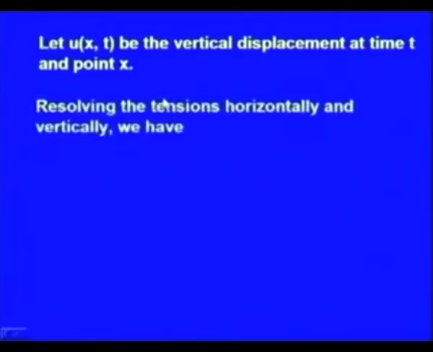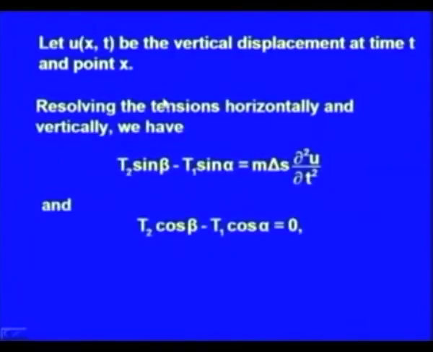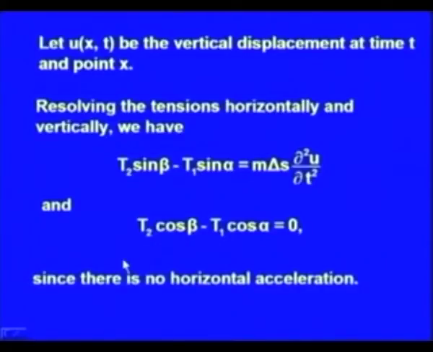So, we shall have the equations of motion as follows. If u(x,t) denotes the vertical displacement at time t and at a distance x, then after resolving the tensions horizontally and vertically, we have T2 sin β minus T1 sin α equal to m Δs into ∂²u/∂t², and T2 cos β equal to T1 cos α, because there is no horizontal acceleration.